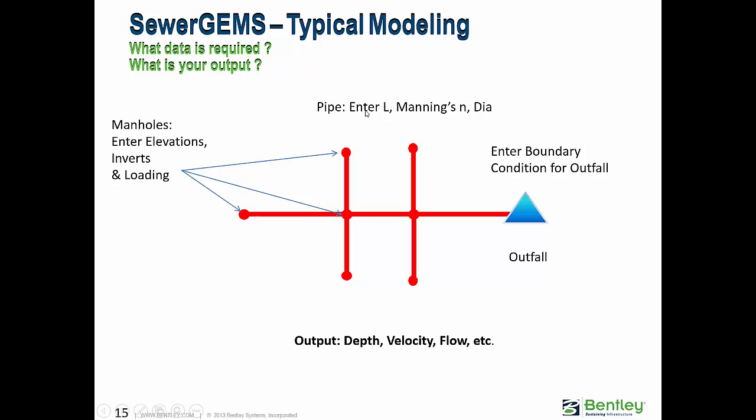For pipes, the data required is the length of the pipe, the Manning's n, and the diameter of the pipe, and the boundary condition for the outfall, whether it's a free outfall or you have some tailwater conditions at the outfall. The output will give you the depth of water in the conduit, the velocity of water in the conduit, and discharge through each and every conduit.